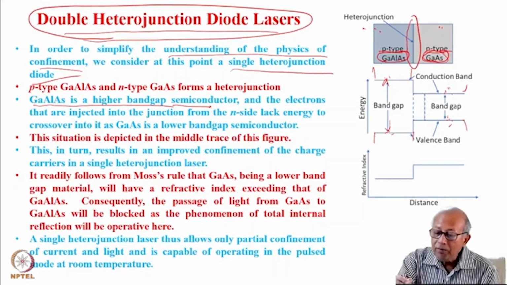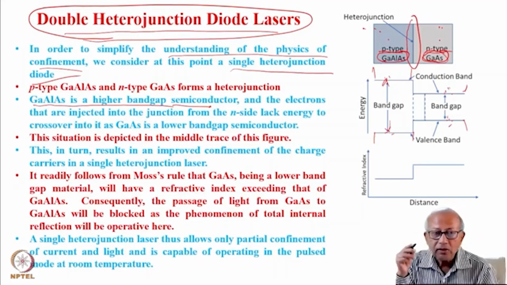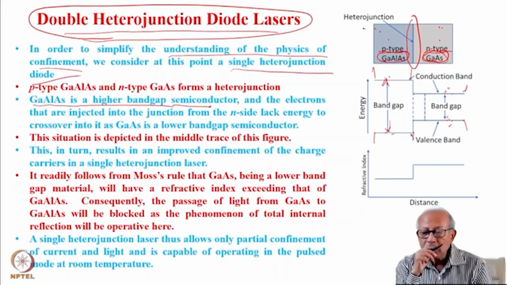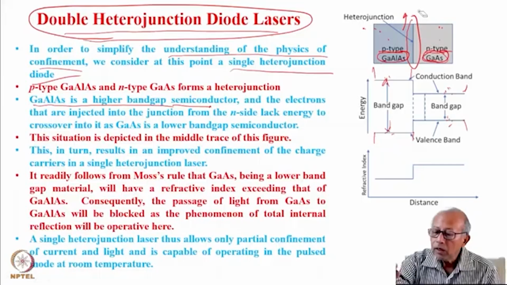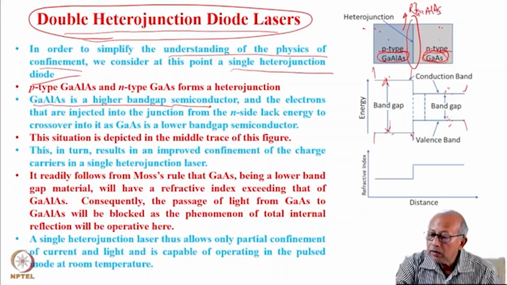If the band gap of this is less than this, then according to Moss's rule, the refractive index of aluminum arsenide is less than the refractive index of gallium arsenide.